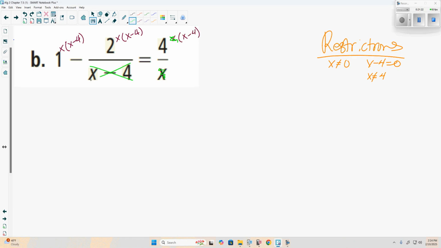And in the middle, the x minus 4 and x minus 4 will cancel. What that leaves us with is x times x minus 4 minus 2x is equal to 4 times x minus 4.